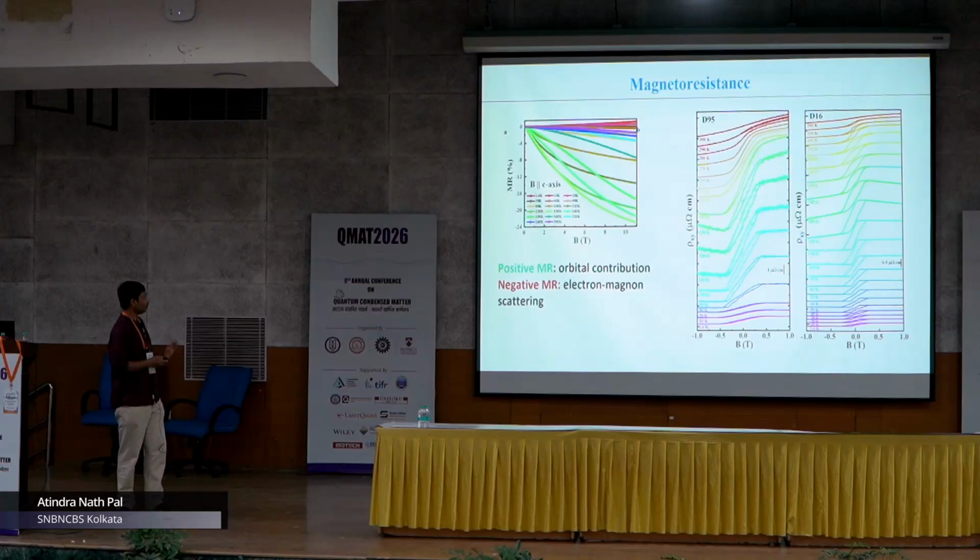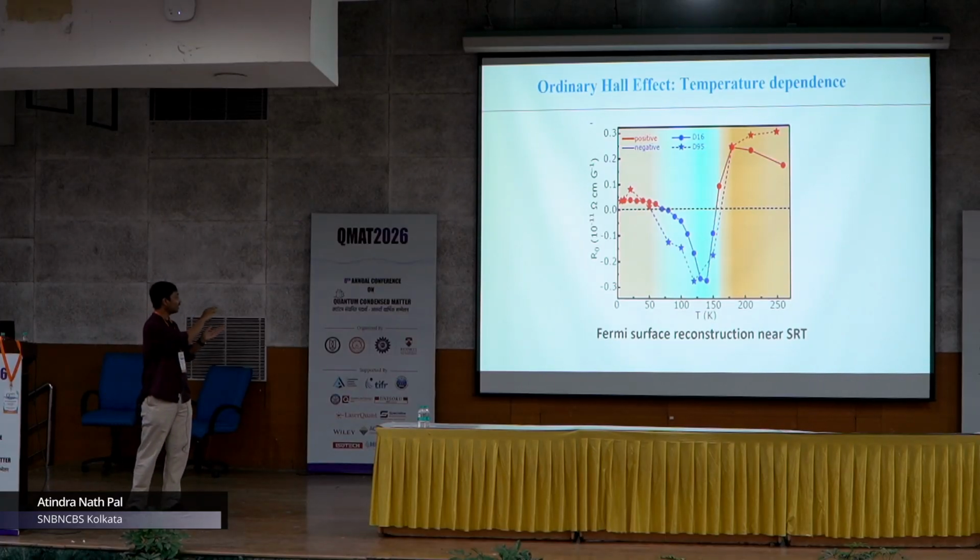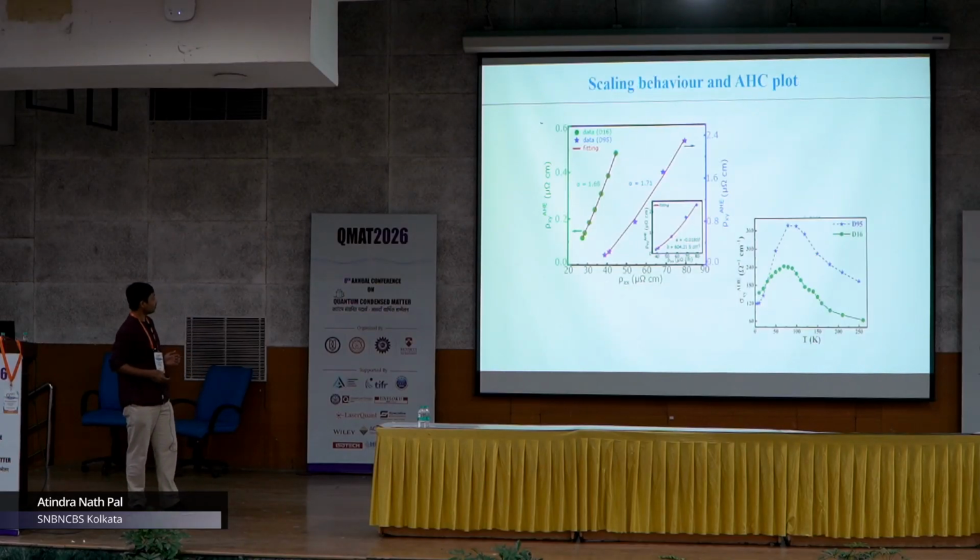So till now we discussed two effects, the Hall effect and the magnetoresistance. In both of these signatures, we find that there are two transitions happening in this system, and the second transition we do not understand the origin of, but there is a transition. We have done all the scaling behavior in detail.